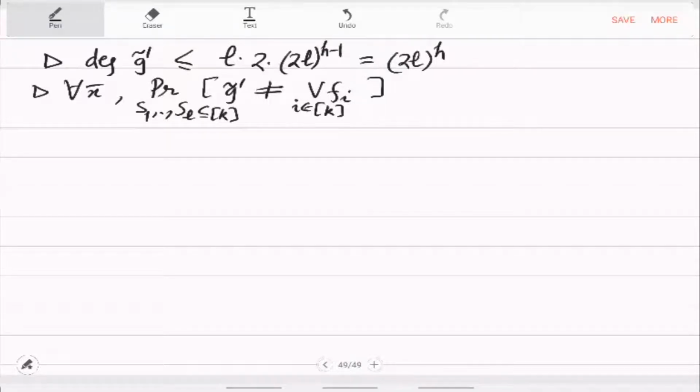Once you have picked S1 to SL, G tilde prime is a well defined polynomial, and that polynomial at x bar evaluates to something different from OR, right? What is the chance of that? That basically means that at S1 the mod 3 value was wrong, at S2 it was wrong, at SL it was wrong. Each time this happens with error probability half. So this error probability is less than 1 over 2 to the L.